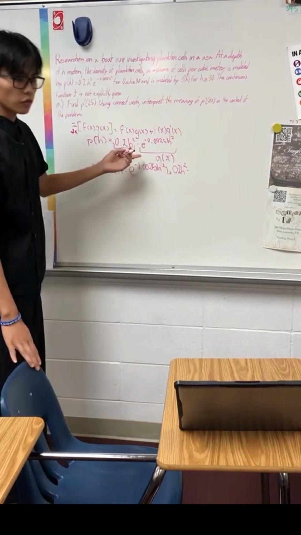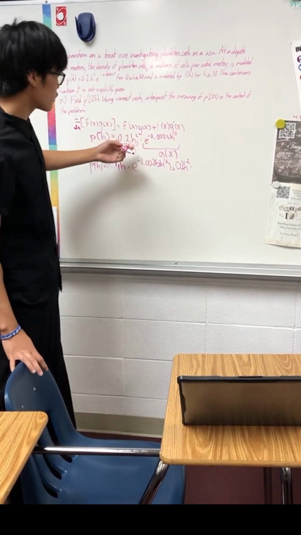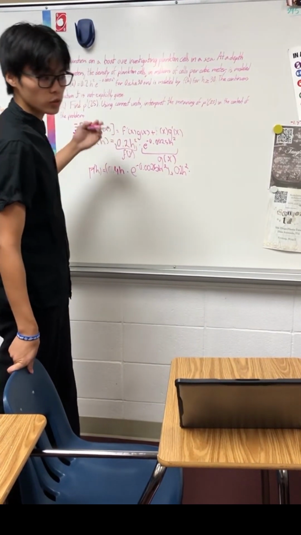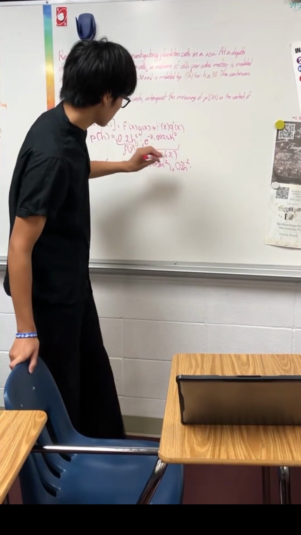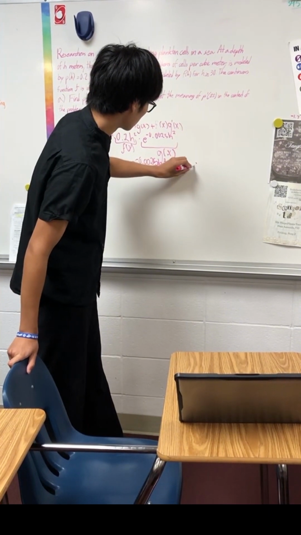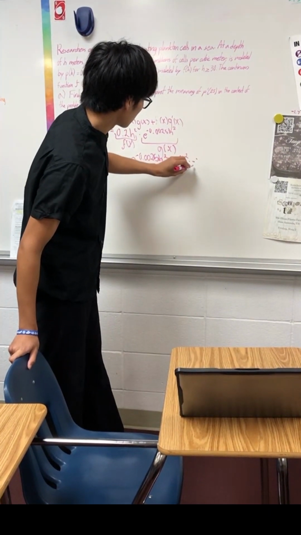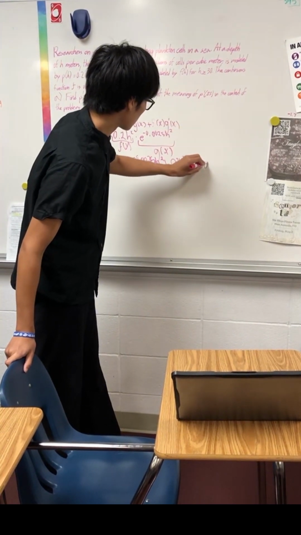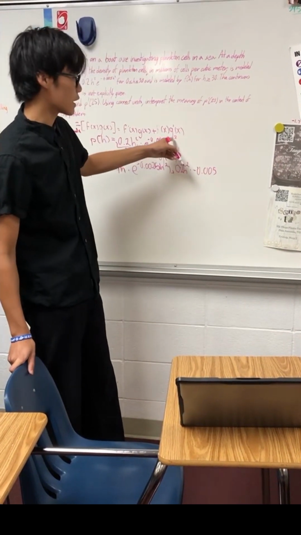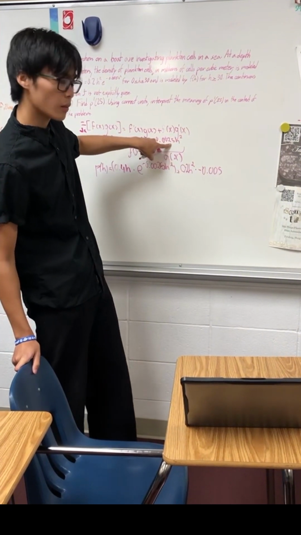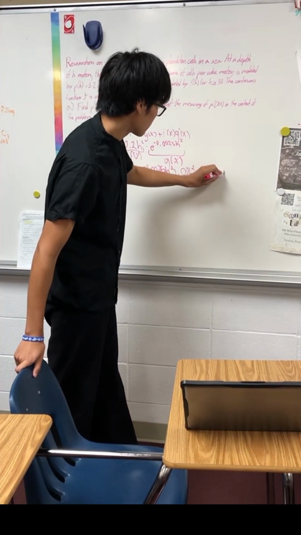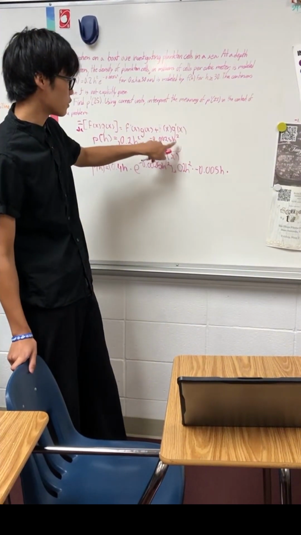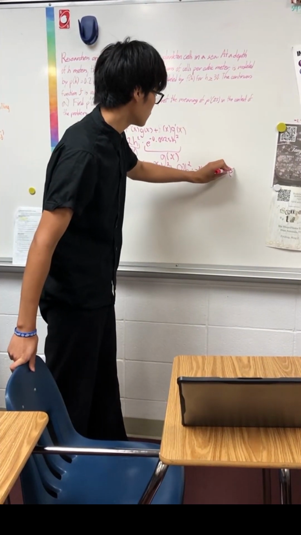If we use our e to the power of x derivative rules, it's e to the power of x times the derivative of that exponent, which is negative 0.005h, because we're multiplying that 2 onto the coefficient behind that h, times this entire value, e to the negative 0.0025h squared.